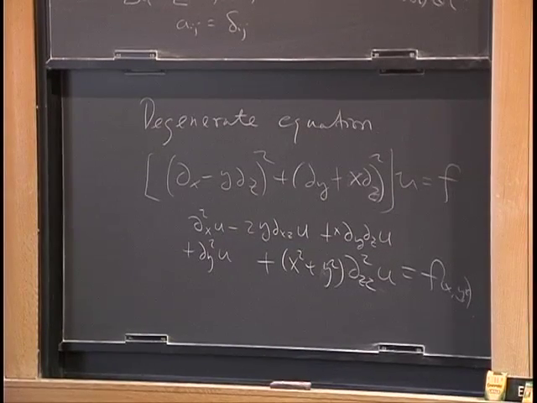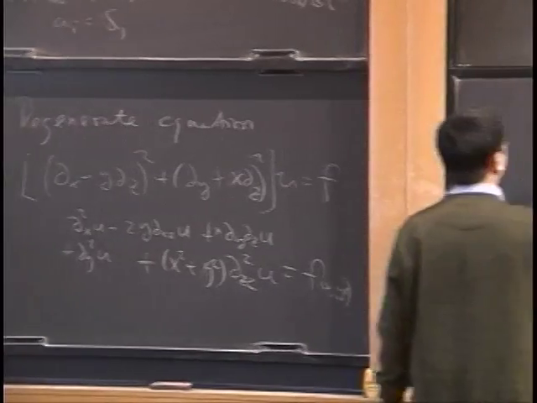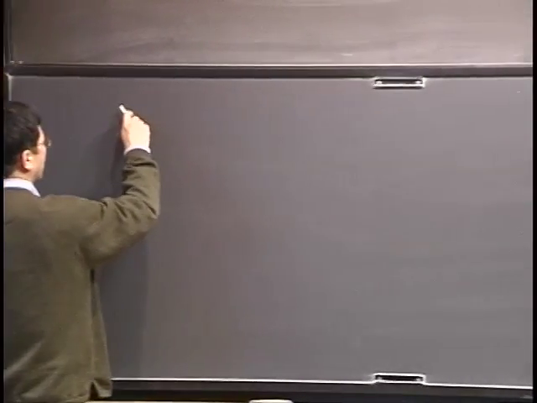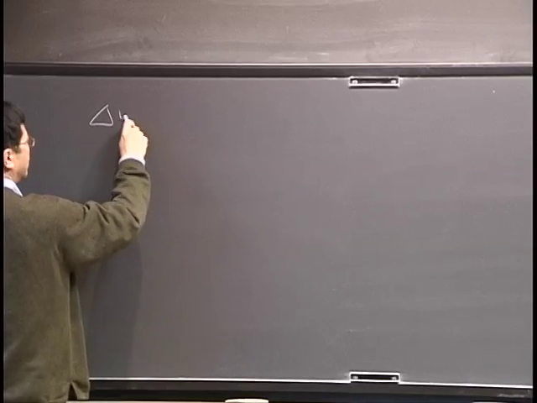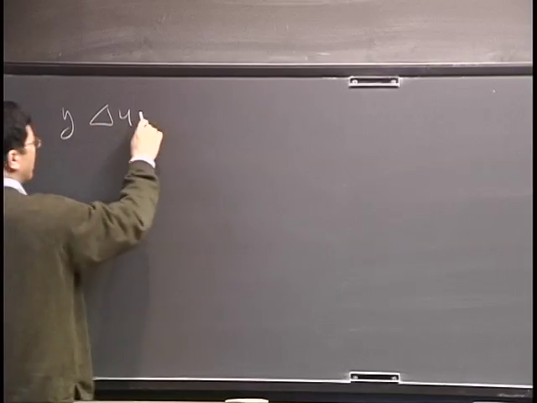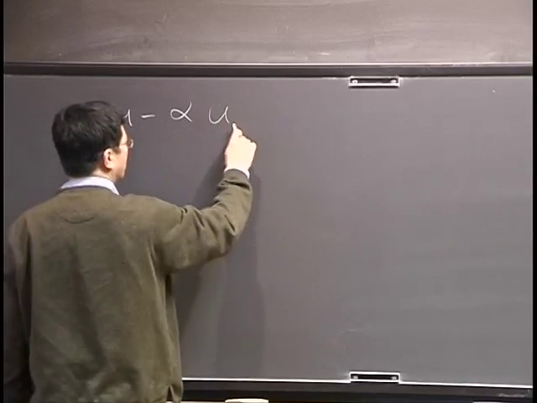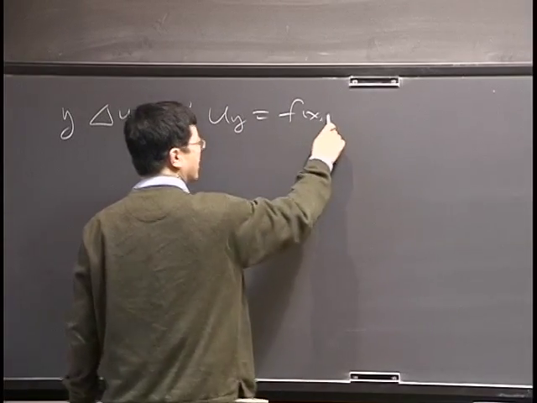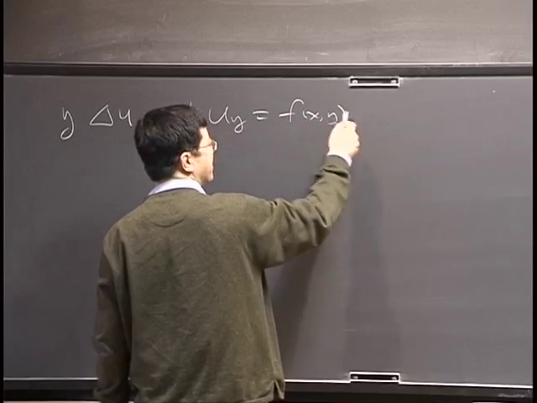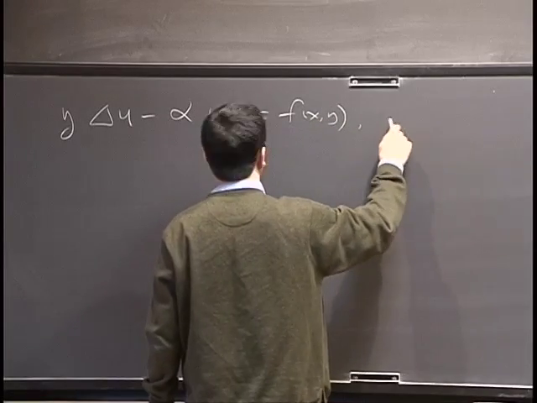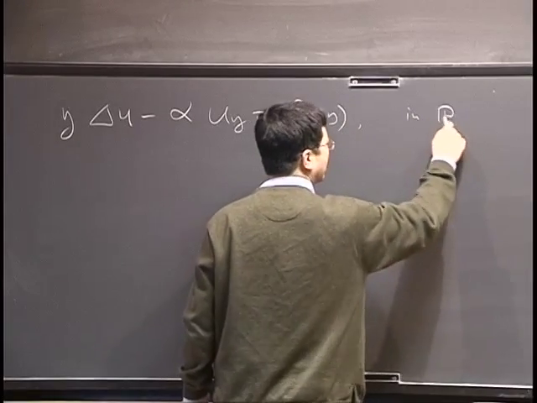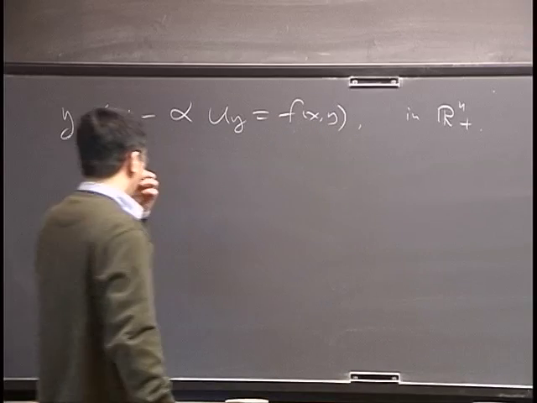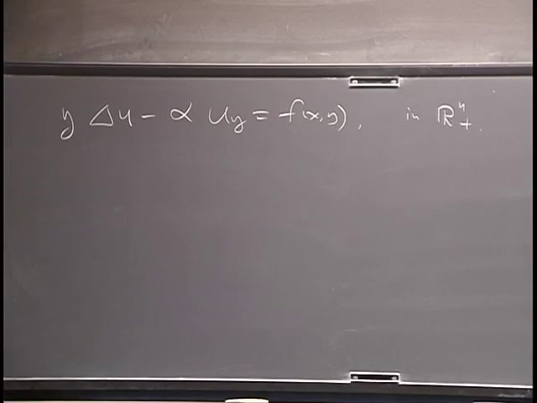And I think in this workshop you'll see this type of equation: Laplacian u, y minus say alpha u_y equals, say, f(x,y). I mean x can be any number of variables you want, in R^n times R plus. This is also degenerate.